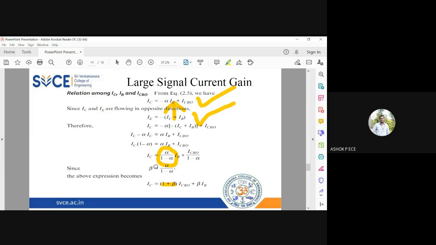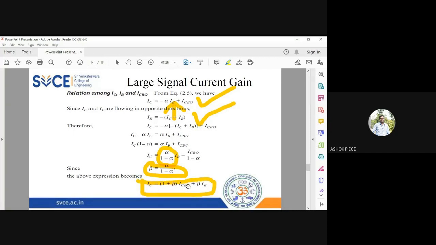All these mathematical steps I'm leaving to you, because it is just a matter of cross multiplying and finding the terms. Just after finding beta, find 1 plus beta, and you will get the answer 1 by 1 minus alpha. So 1 by 1 minus alpha, I can put as 1 plus beta. So I can write IC is equal to beta into IB plus 1 plus beta into ICB0.